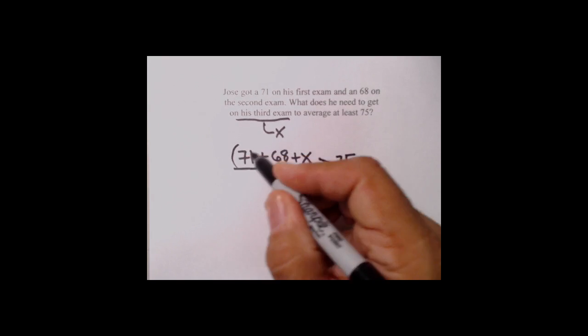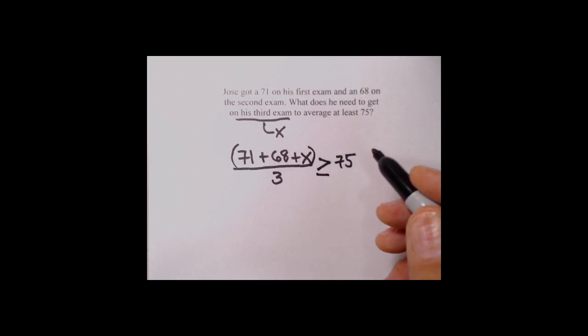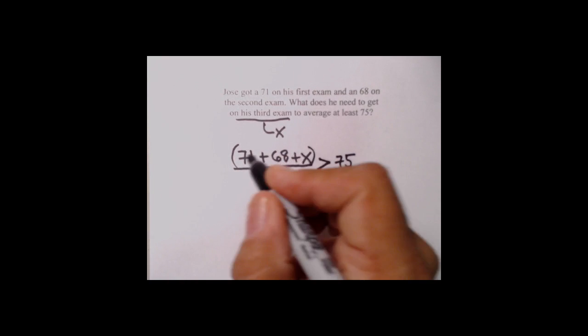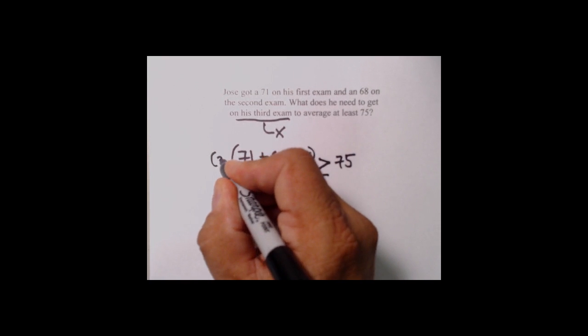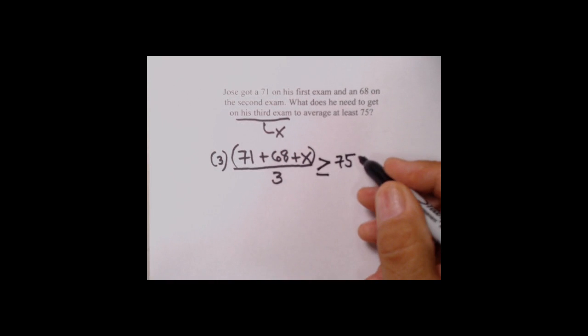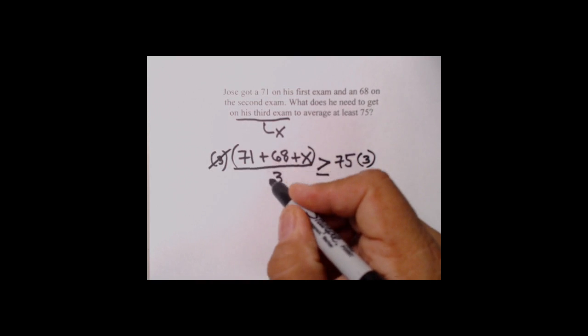You've got this whole numerator up here, and it's being divided by 3. Well, let's turn around and multiply by 3 here. And if I multiply one side of the inequality by 3, I've got to multiply the other by it as well. And these 3's will cancel out.